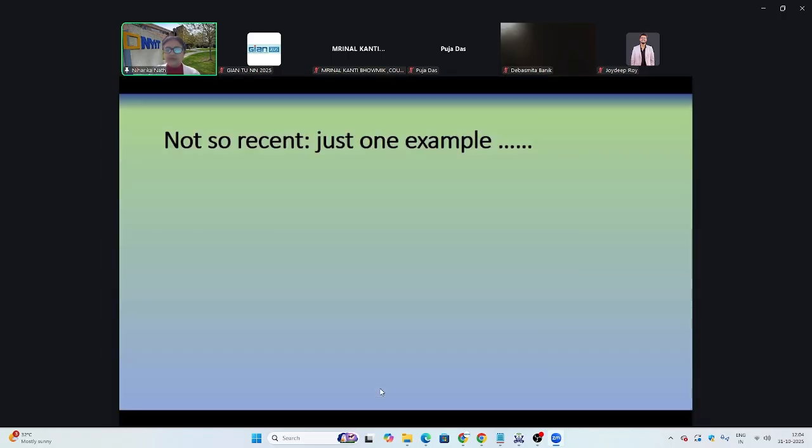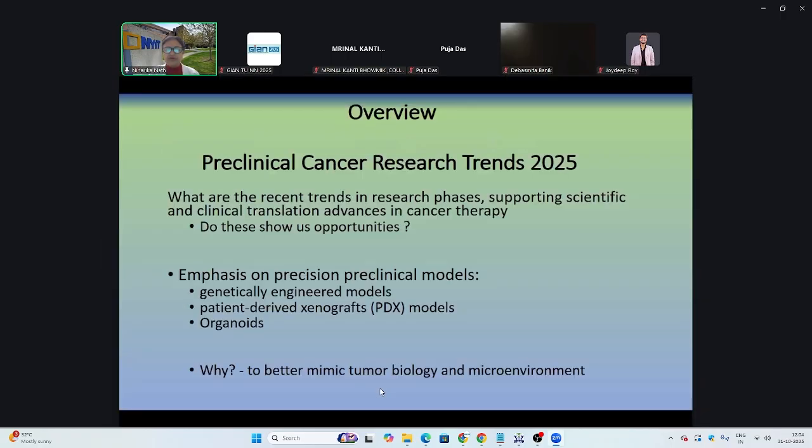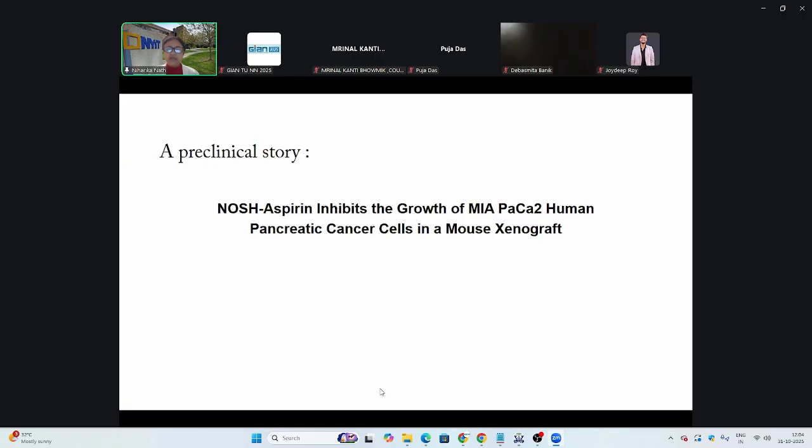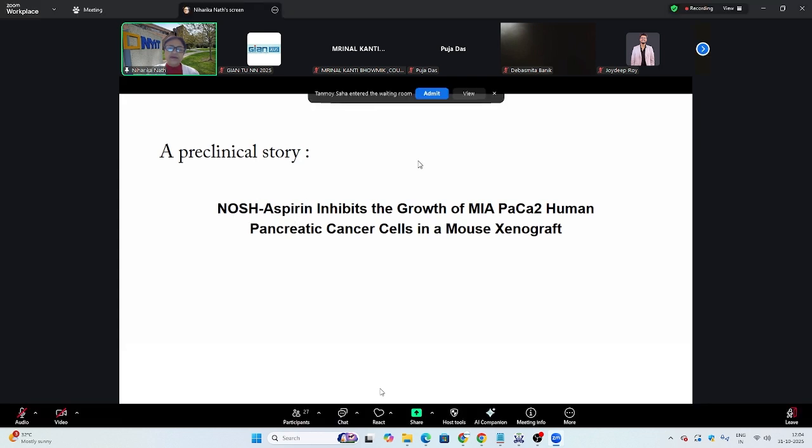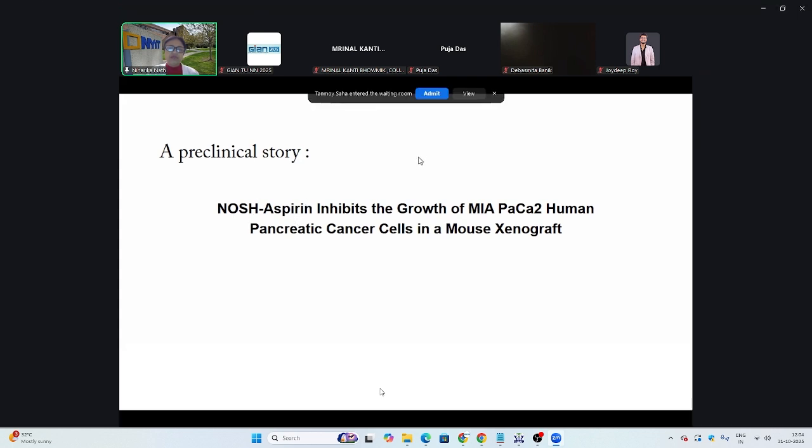So, preclinical models, not very recent, but still xenograft related, okay, but not maybe from patient and not genetically engineered. And that example is a preclinical story of a drug called NO-aspirin, and NO-aspirin inhibits the growth of these pancreatic cancer cells in a mouse xenograft.